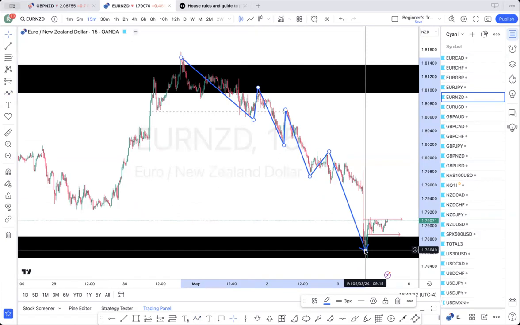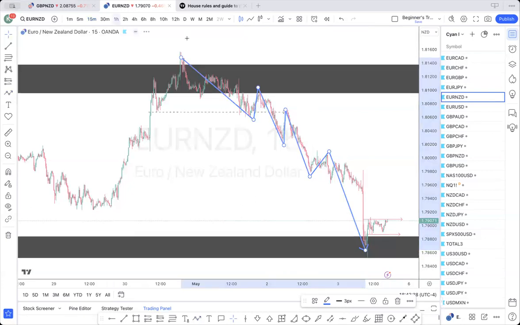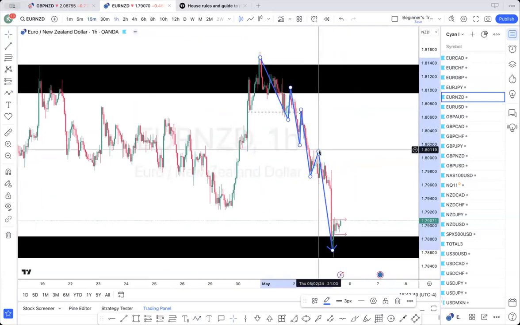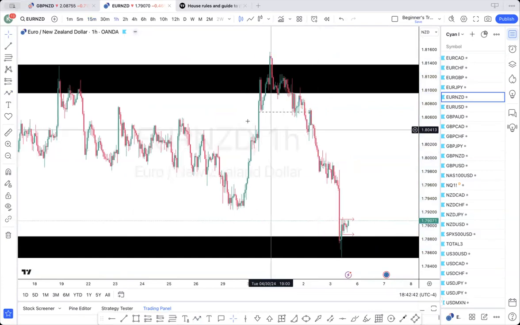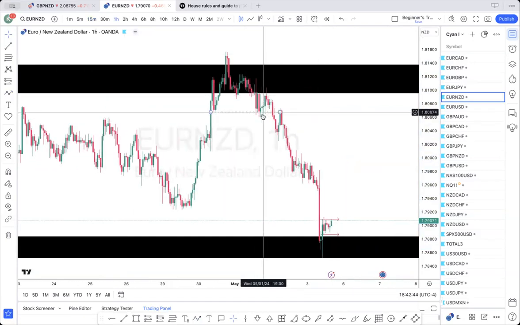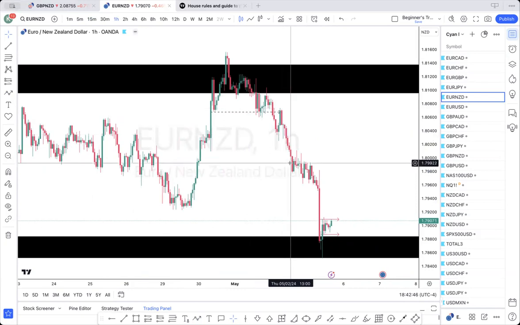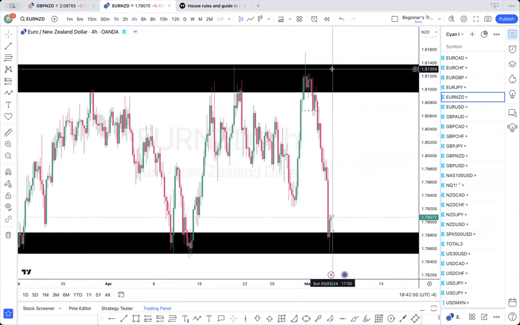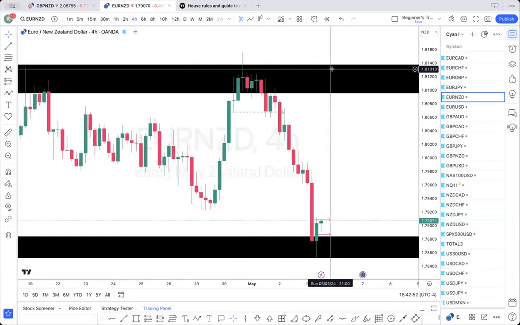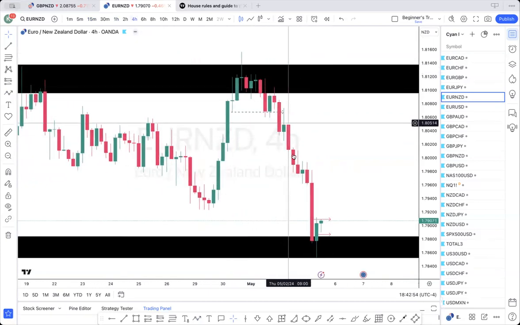So now I'm expecting some type of pullback, especially since it's tapped into it. Now, I'm always watching from the 1-hour, so I need to see it clearly on my 1-hour. The 4-hour, you might not see it as much. Yeah, you can see a little bit.